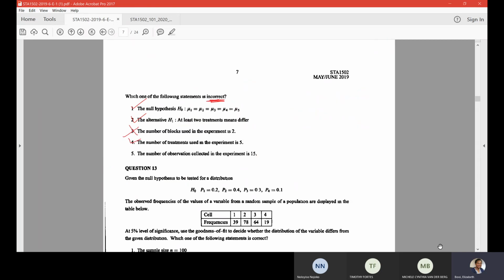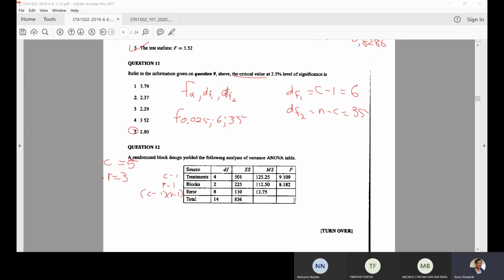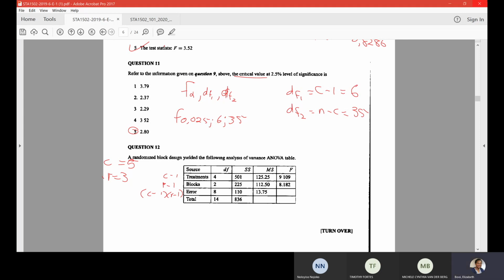And the number of observations collected, remember, will be the total, not N minus C. The total number of observations would have been R times C. So our R is 5 times 3, which will be 15.